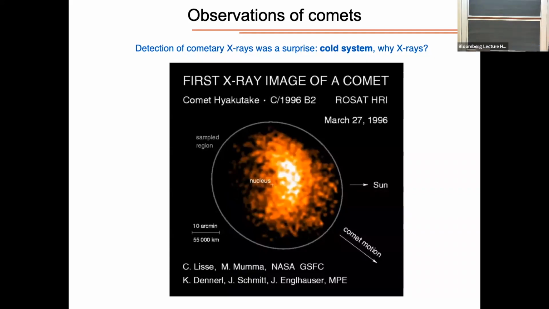Plasma physicists love it. Therefore, you have instabilities, and in particular the so-called lower hybrid waves instability, where the ions are not magnetized, electrons are magnetized, and you create those waves, and they immediately transfer much of the energy from the ions to the electrons, and bingo, we have X-rays.